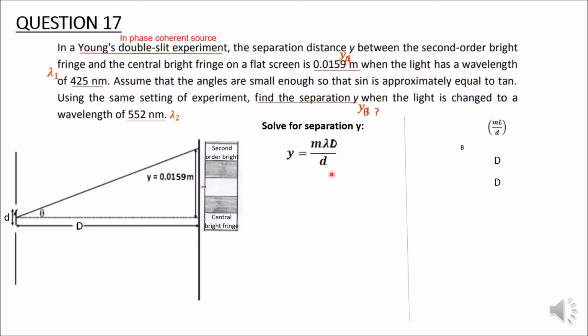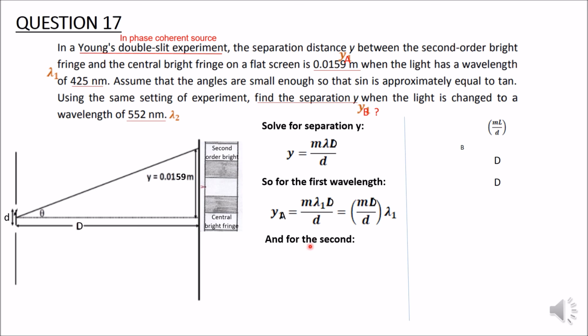You can refer to page 35 of the course book to use this formula. So for the first wavelength, we can use the formula y_A equal to m lambda 1 D over d, and for the second wavelength, we can use the formula y_B equal to mD over d multiplied by lambda 2.